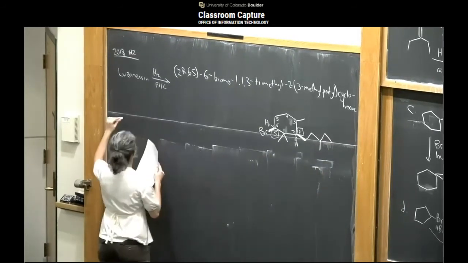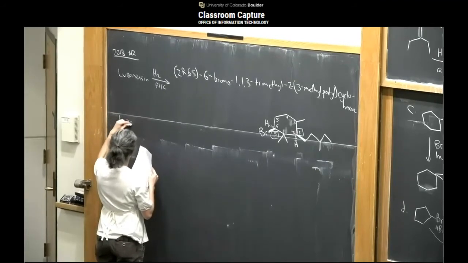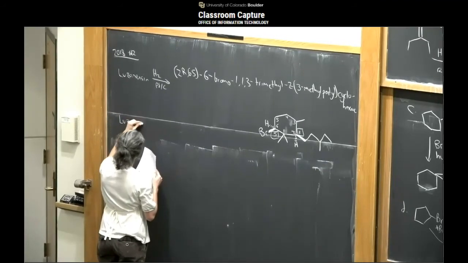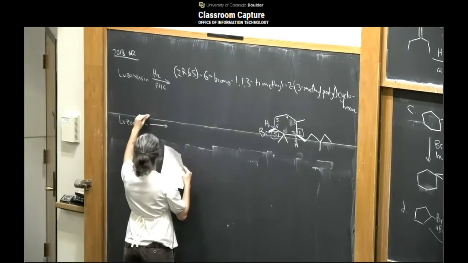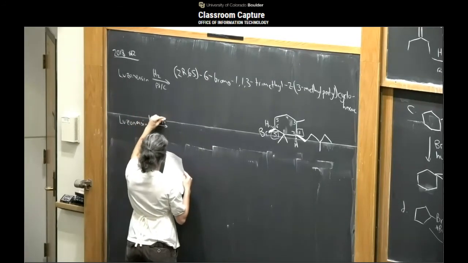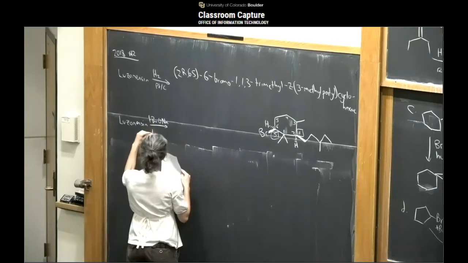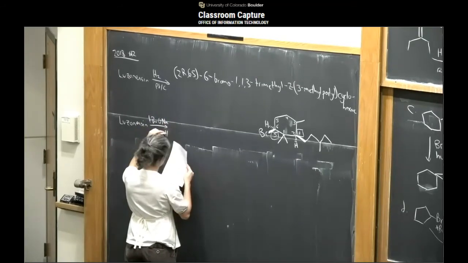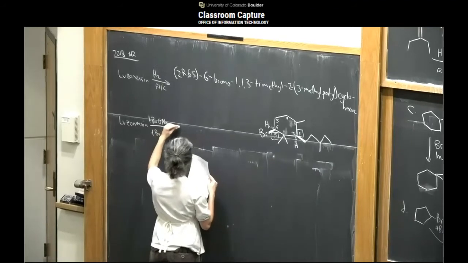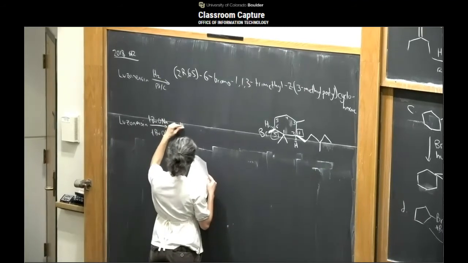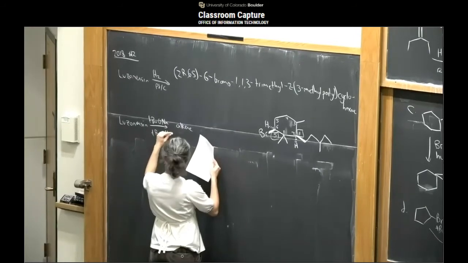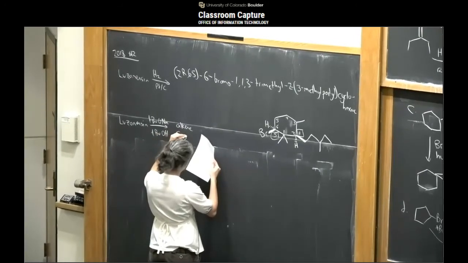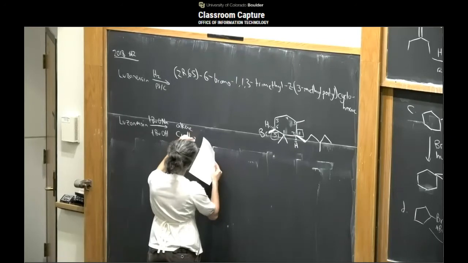You also find out that if you take Luzonensin, do tert-butoxide and tert-butanol, you get some alkene, C15H22.